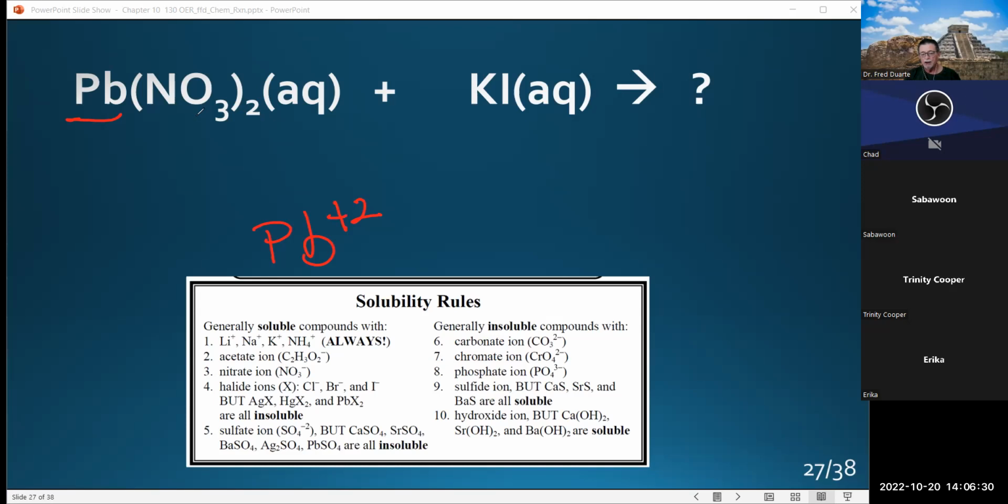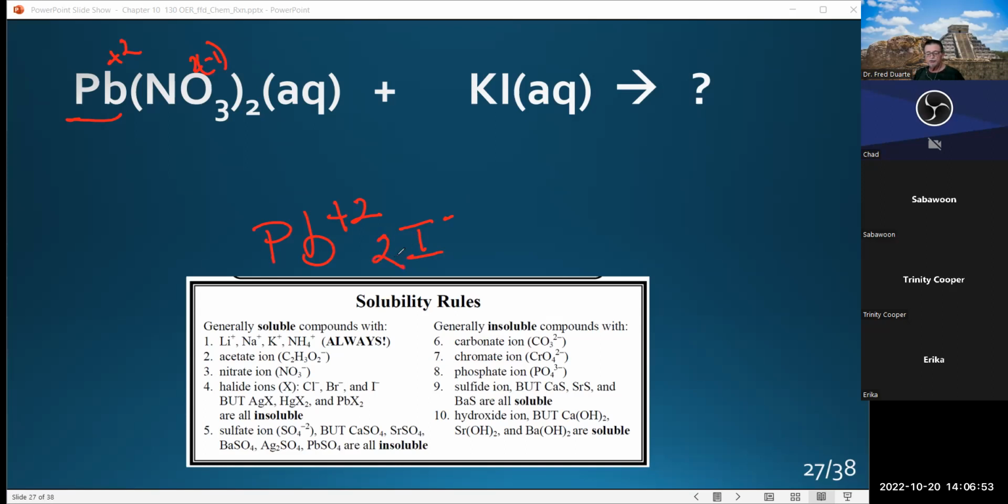And you might say, why? Because the nitrates each have a -1, and there are 2 of them. So there's a total of -2 for both the nitrates, which implies that the lead has to be +2. Okay? The iodides are a -1 all the time, group 7 element.